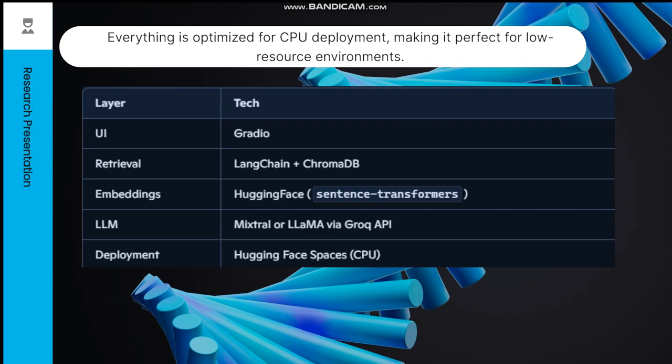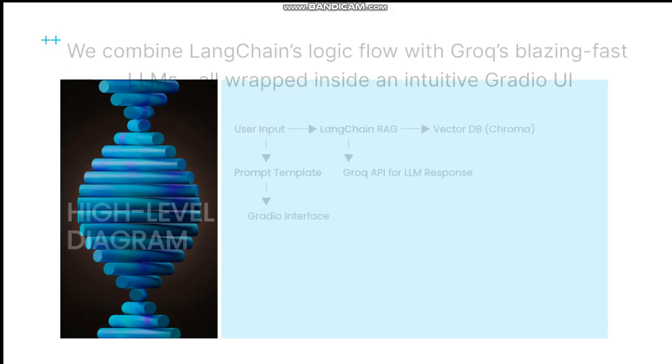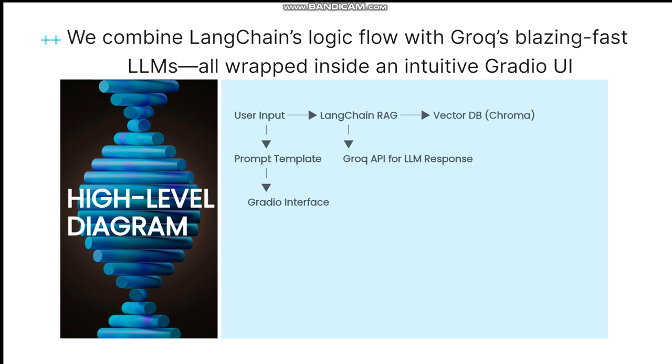Next, we have the deployment, and finally, everything is packed and deployed on Hugging Face Spaces, making it ideal for low resource environments. This architecture ensures that Epidemius can function entirely on CPUs while maintaining efficiency. So, this is the high level diagram. We combine LangChain's logic flow with Groq's blazing fast LLMs, all wrapped inside an intuitive Gradio UI.